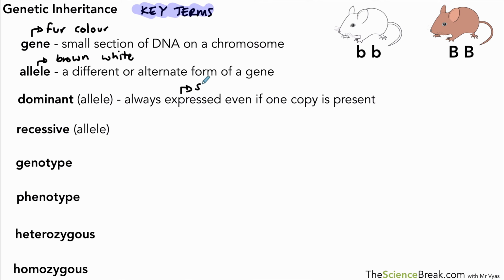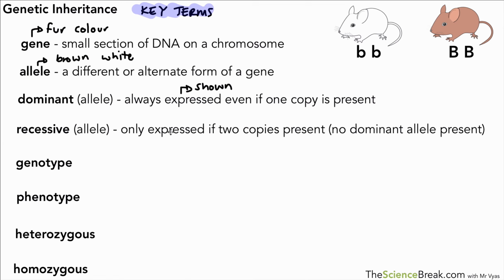A dominant allele is one that's always expressed, even if one copy is present, and by expressed we mean always shown. And the recessive allele, therefore, is only expressed if 2 copies are present, or we could say only expressed when there is no dominant allele present. All these, by the way, are definitions that you can actually use if this came up in an exam. The genotype is the combination of alleles present.